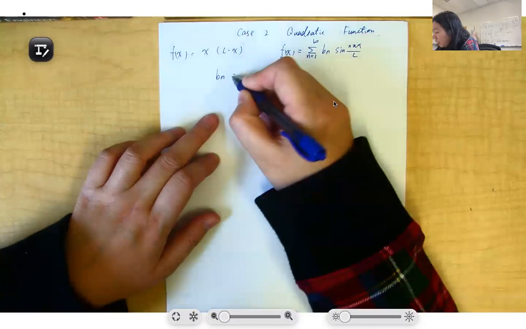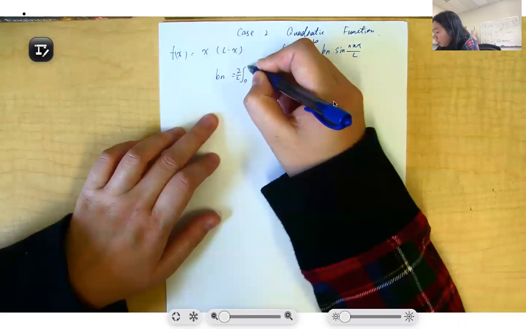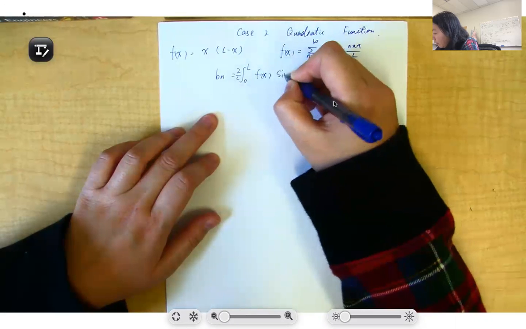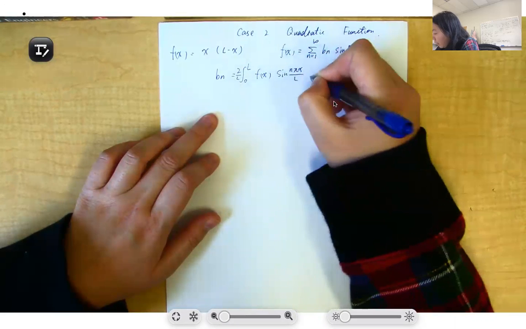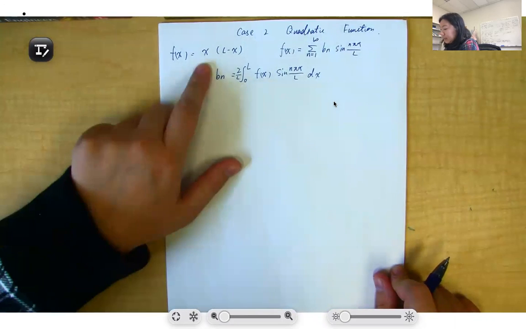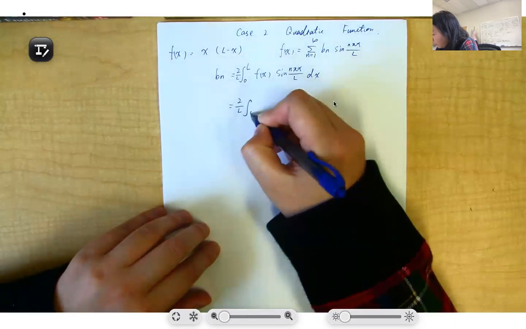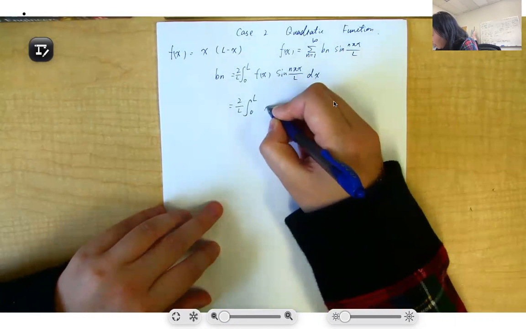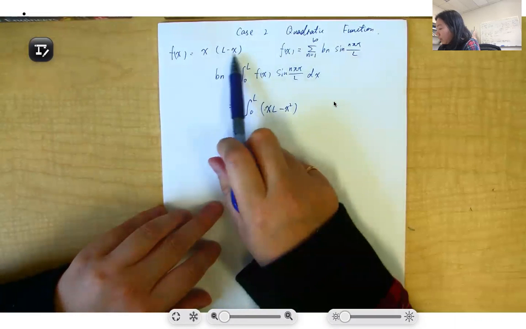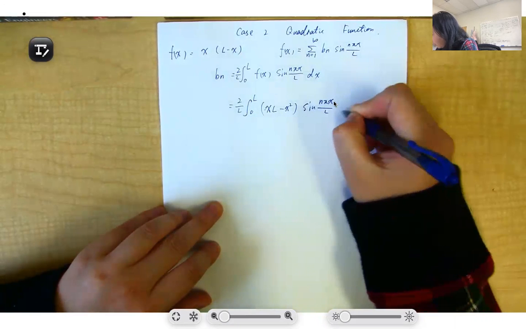So the Bn, as we derived before, should be 2 over L times the integral from 0 to L of f(x) sine(n pi x over L) dx, right? Then this f(x) is x times (L minus x). So it's 2 over L, integral from 0 to L, of x times (L minus x) sine(n pi x over L) dx.